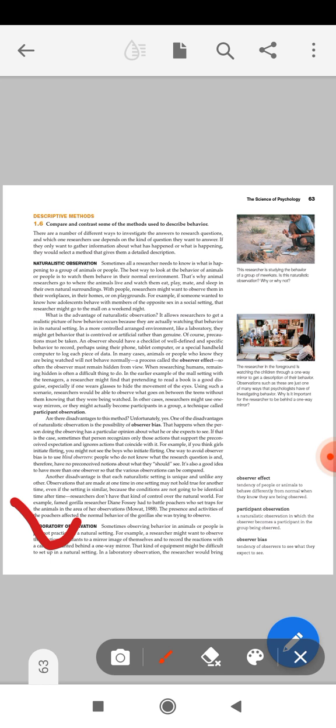Observations in such conditions are quite difficult, and they are also quite different from those of a matured human being. So it will be easier for a researcher to observe them in a laboratory setting. That is known as laboratory observation.